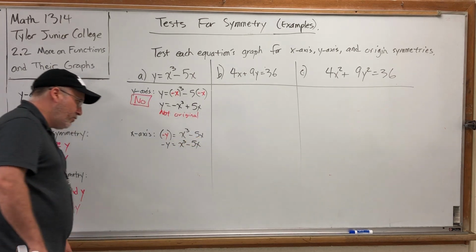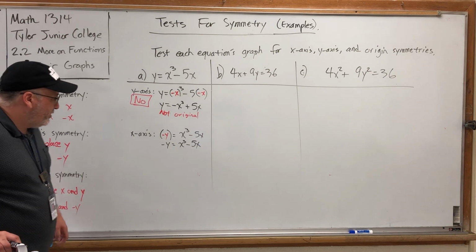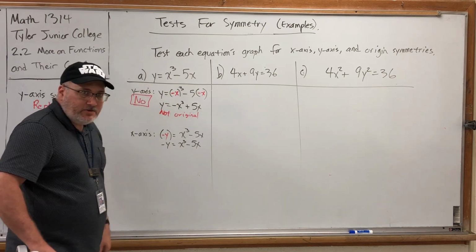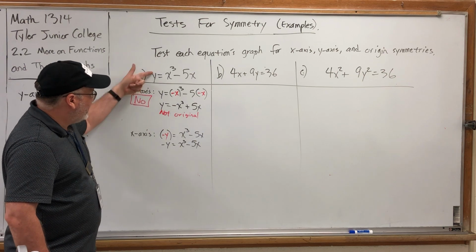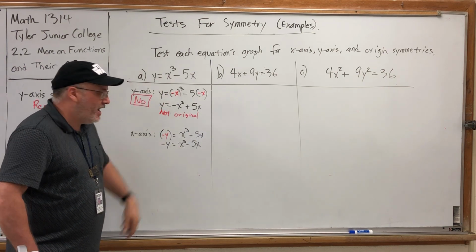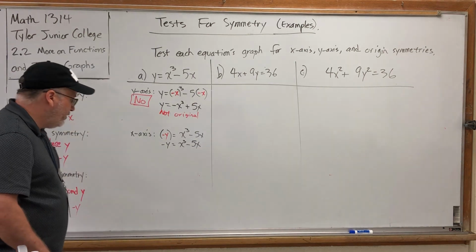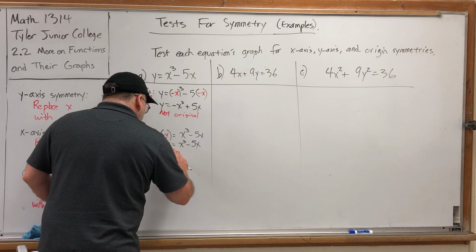Is this the original equation? No, it's not. You can tell because the right side is the same as it used to be, but the left side isn't. And it was the same back up here, but the opposite. The left side was the same, but the right side is not. If one side is the same, but the other one isn't, it's over. So this is also a resounding no, because this is not the original equation.